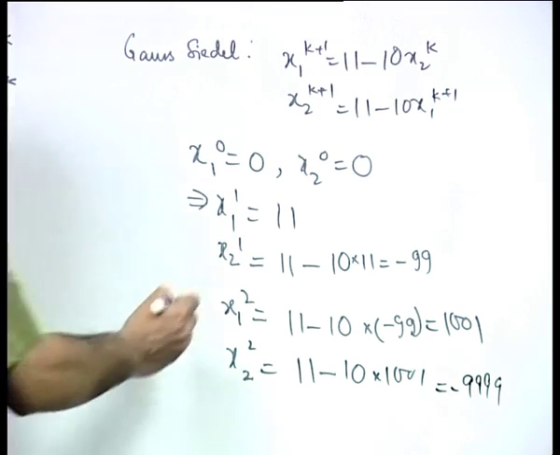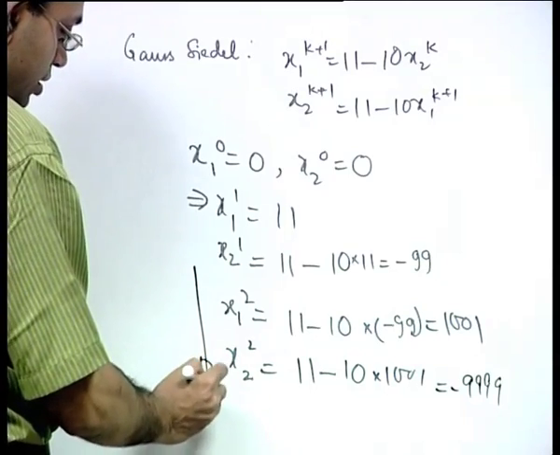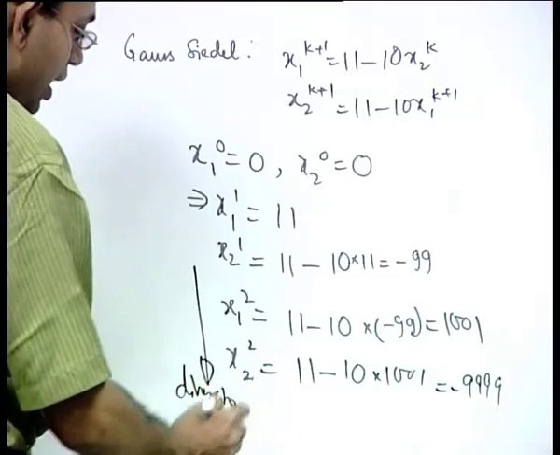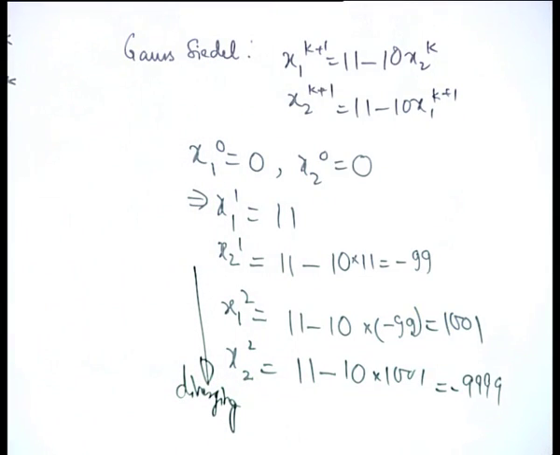So, we can see this is diverging, and unlike the case when it converges, where Gauss-Seidel converges faster, when it diverges it also diverges faster, as we can see.